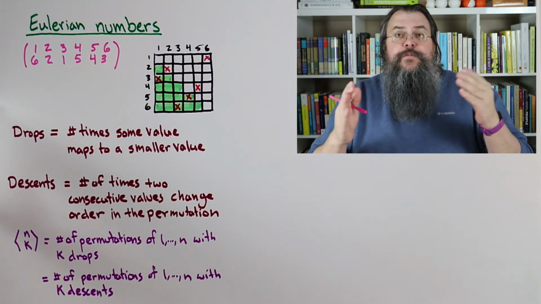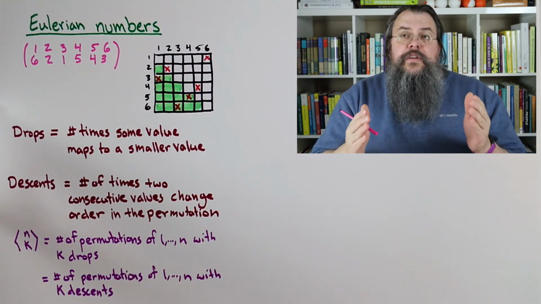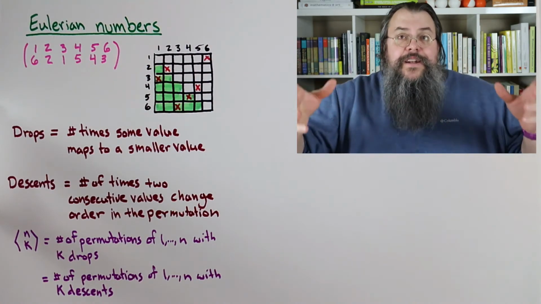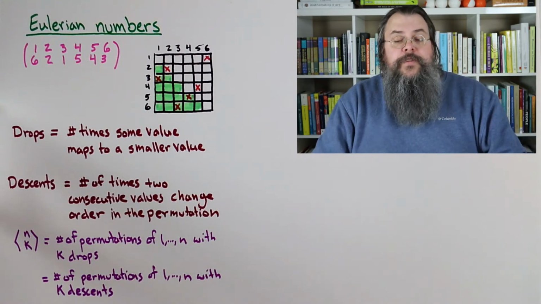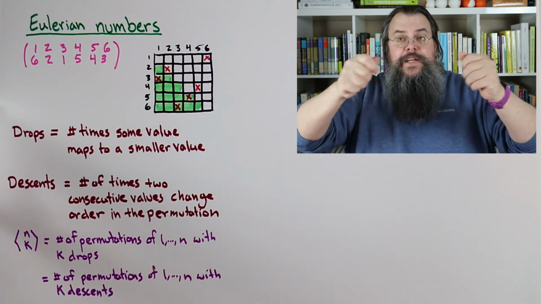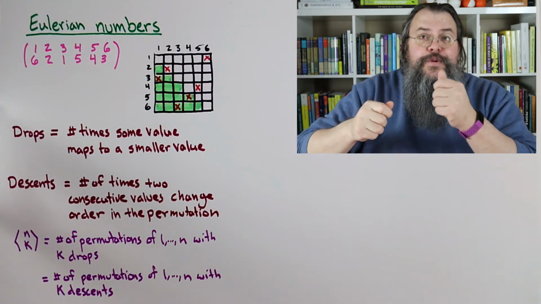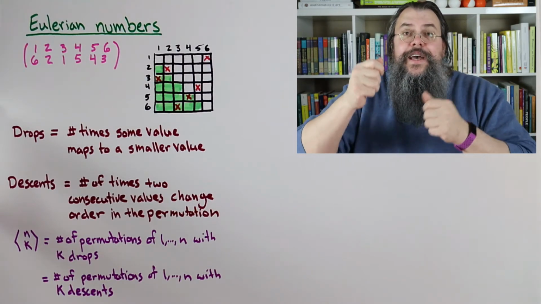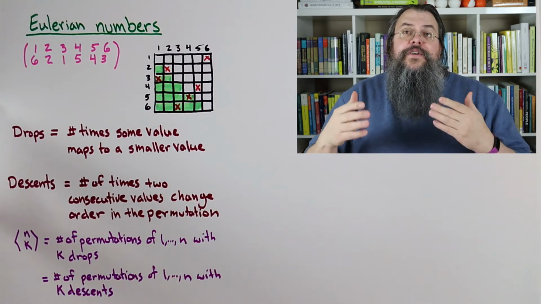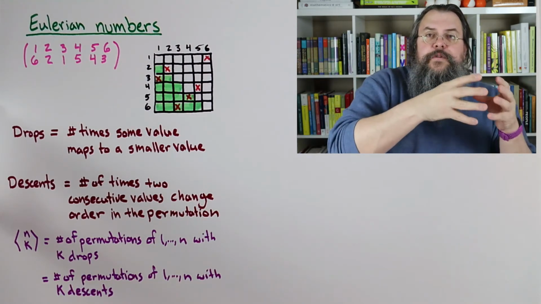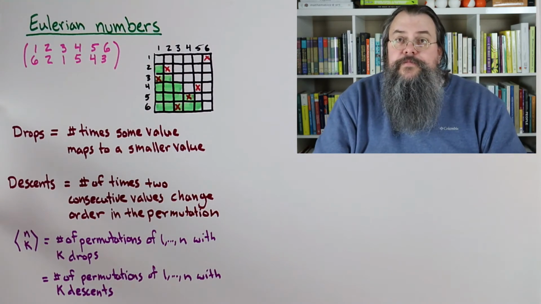If you think about it in terms of rearrangements, suppose I have a bunch of people standing in line wanting to get something. I rearrange them, and now the question is, how many people moved closer? That's the number of drops. I started at some place, and I moved to a smaller number, moved up closer.